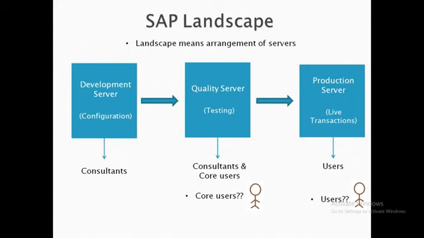Suppose you have one concept, credit management. You configure credit management, move it to the quality server, and here you test whether that concept is working or not. That is nothing but testing the scenarios. After every concept, you have to test whether it is working fine or not. Then only we finally send it to the production server.